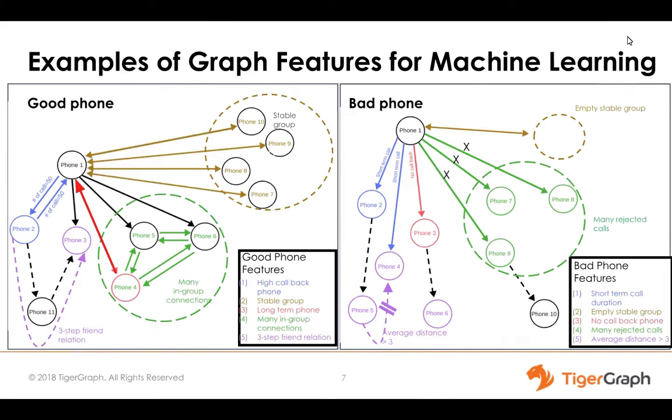Around the middle of the figure, you see something called many in-group connections. What this is: we start from the caller, and we see who they have called recently. So these are their call neighbors. And then we see, have they called one another? Do the people that phone one has called form a community?